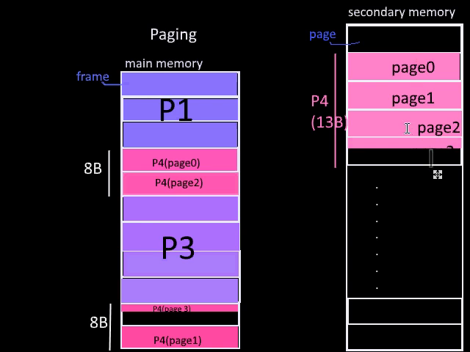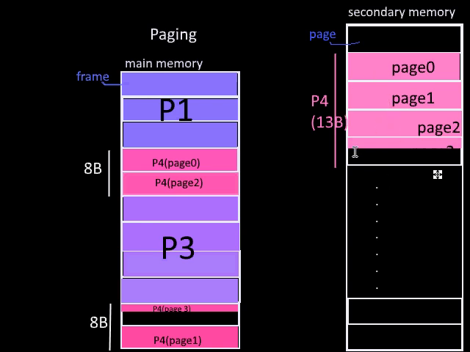While this process is being loaded into this frame, the last 3 bytes are free, and we will not be able to use this memory. Hence, within this fixed block, or within this partition, we have a wastage of memory, and that problem is called internal fragmentation.